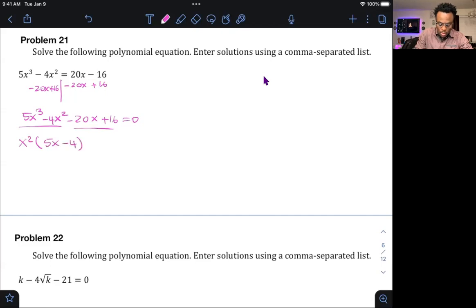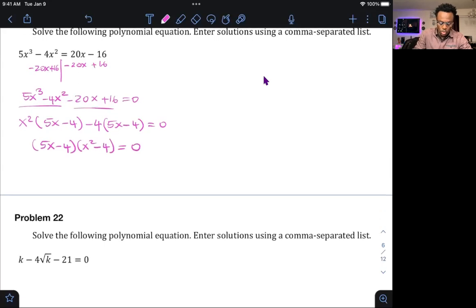5x minus 4, and -4 is the GCF of the second group. So that's 5x minus 4 equals 0. We factor 5x minus 4. So that's x squared minus 4 here on the second one.